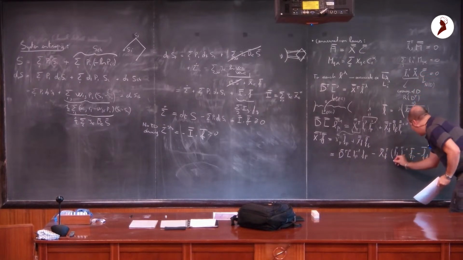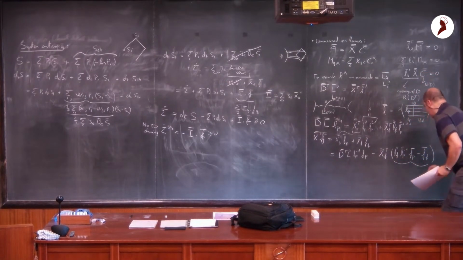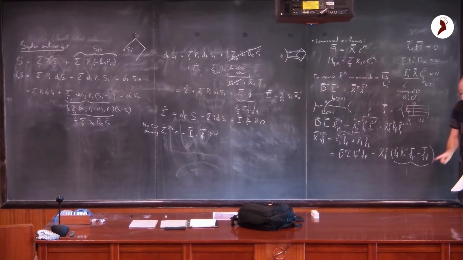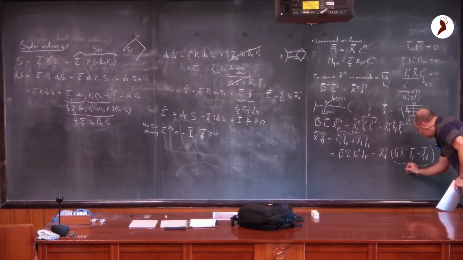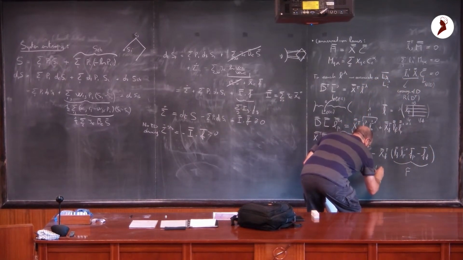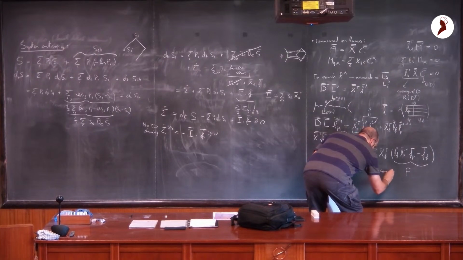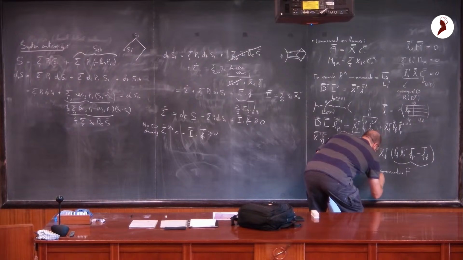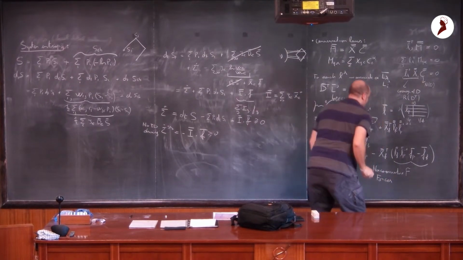Okay, and now I already introduced the first important object. You still see there in the back? So these are the non-conservative forces. Non-conservative forces. Okay, I will rewrite it here.